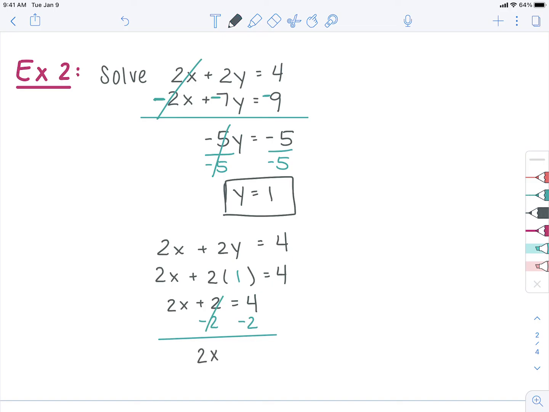And I get 2x equals 2. So then I divide by 2 on both sides. And I get x equals 1. So I've got an x, I've got a y, I'm done solving.